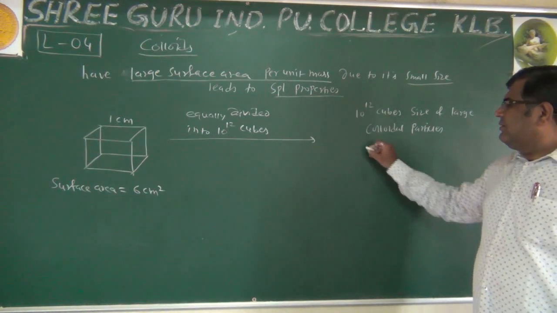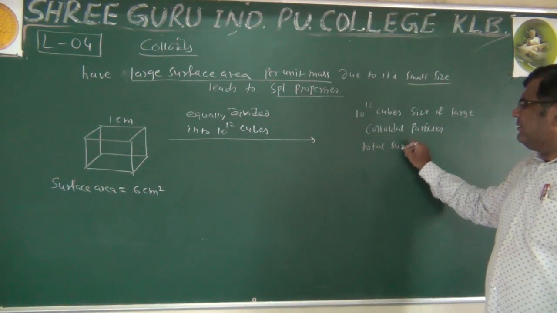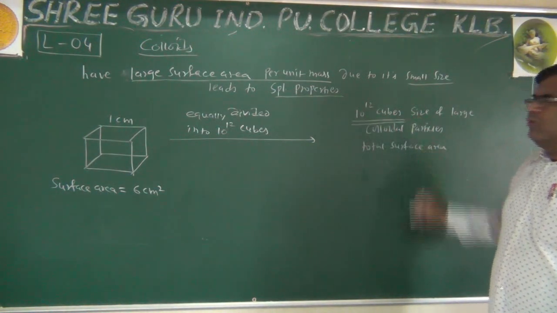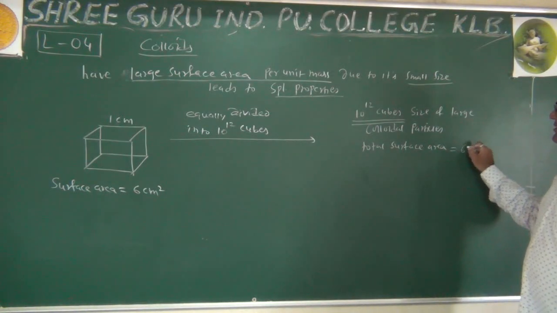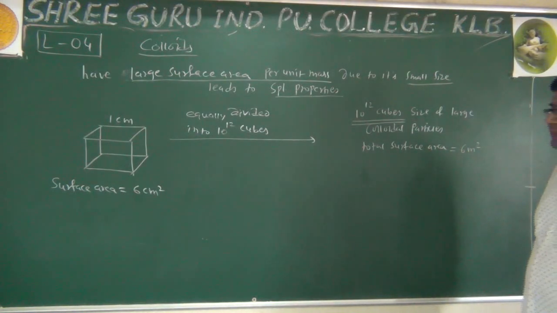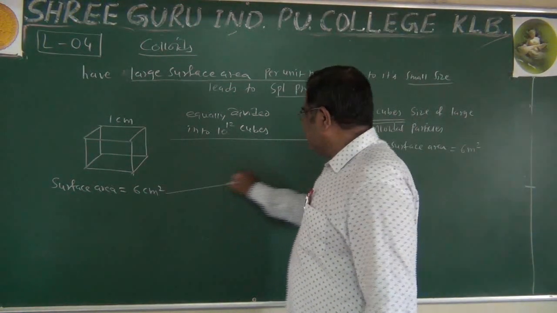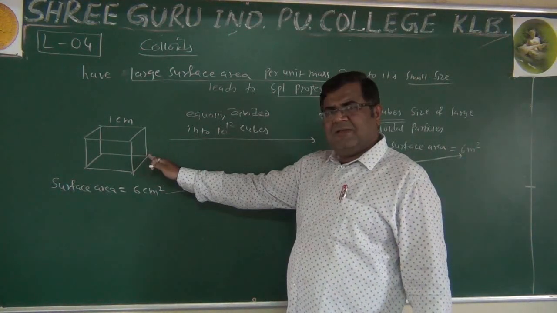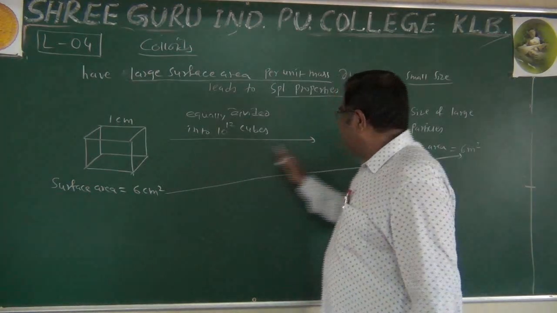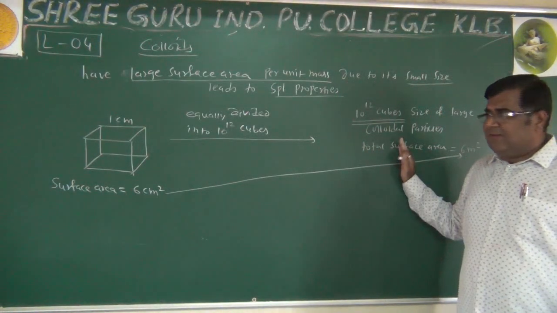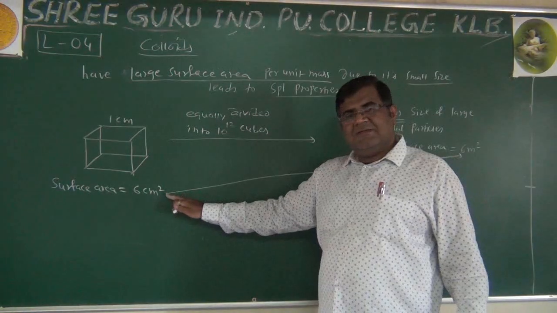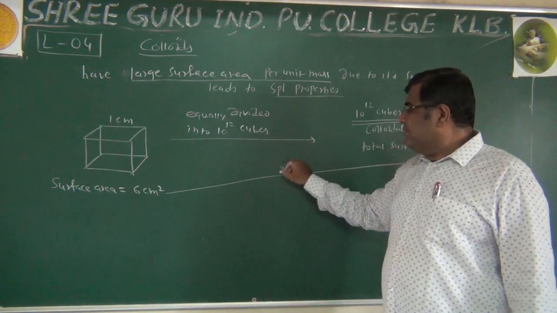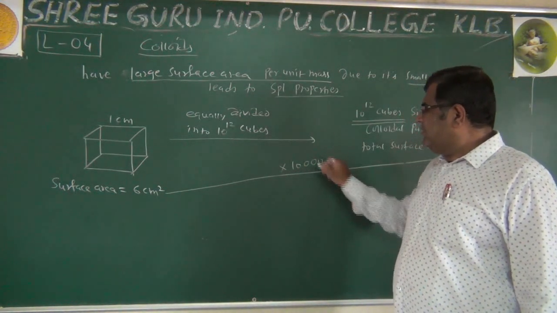Now what is the total surface area of all these 10 raised to 12 cubes? It's 6 square meter. So total area of the same substance, same mass. If it has mass 1 gram, this also is 1 gram total mass. But surface area goes from 6 square centimeter to 6 square meter. This is increasing 10,000 times.